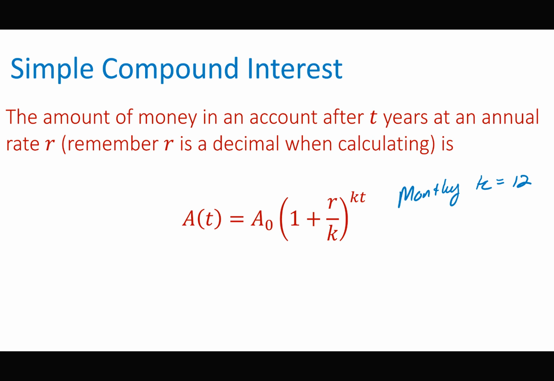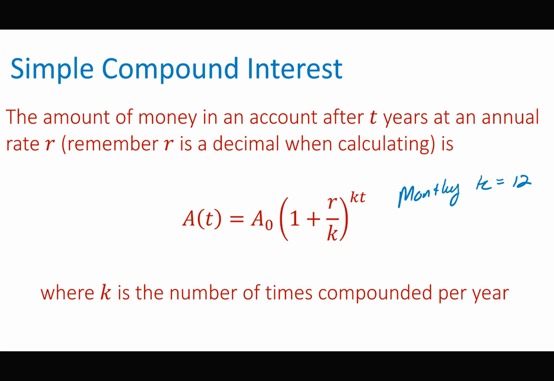Credit cards are often, I don't know if they do it continuously, but they might do it daily or something where they're charging you interest. That's why credit cards are so bad. If you get behind in credit card payments, it goes up really fast. A bank is not going to offer you as nice of terms to your advantage as a consumer. And k is the number of times compounded per year.